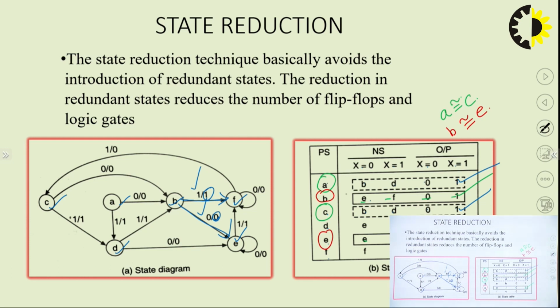So what to do next? So I can reduce this state table. Let us remove 2 rows from this state table. What should be the 2 rows which need to be reduced? First is this one, I will remove. Okay.